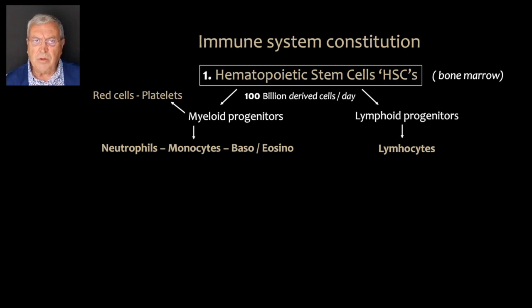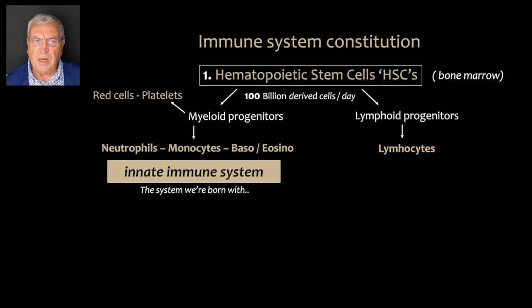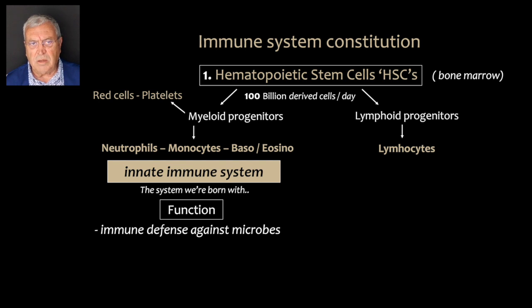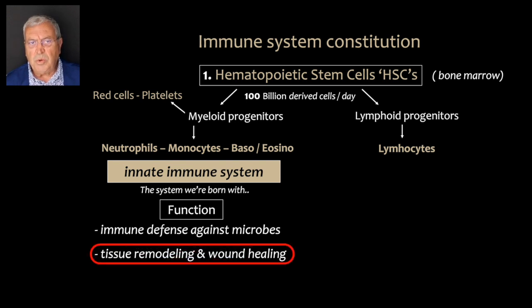The monocytes and the neutrophils, they organize the innate immune system, the system we are born with. The function of this system is to organize the defense against microbes and to organize the tissue remodeling and wound healing.